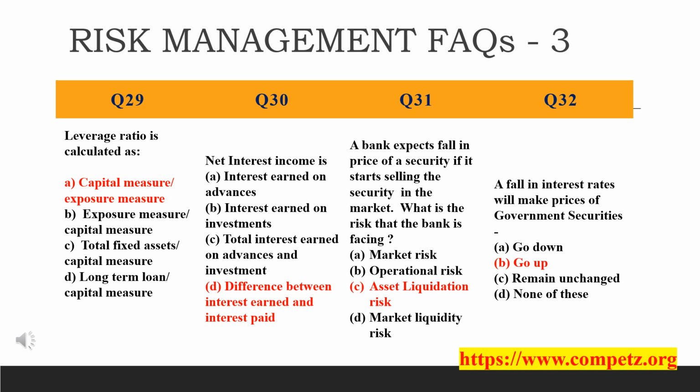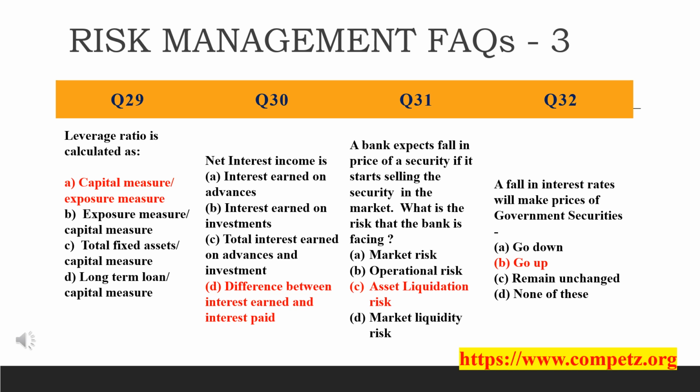It is the tier 1 capital after all the regulatory adjustments. And what is exposure measure? It is on balance sheet exposure and off balance sheet exposure, including the derivative exposures as well as the securities financing transactions. So that's why the answer is capital measure divided by exposure measure.